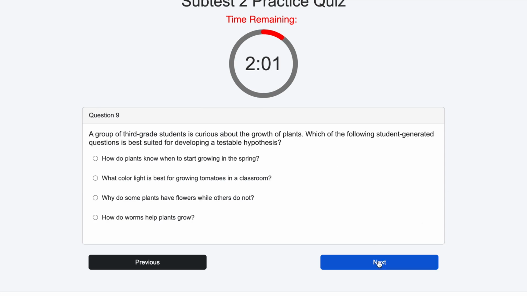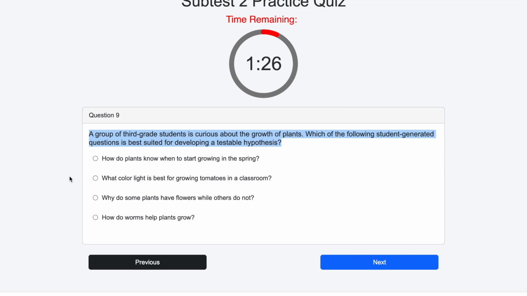Okay. Question 9 reads, a group of 3rd grade students is curious about the growth of plants. Which of the following student-generated questions is best suited for gathering a testable hypothesis? Is it, how do plants know when to start growing in the spring? Take a moment here and read these 4 answer options and see which you think is the most testable hypothesis.